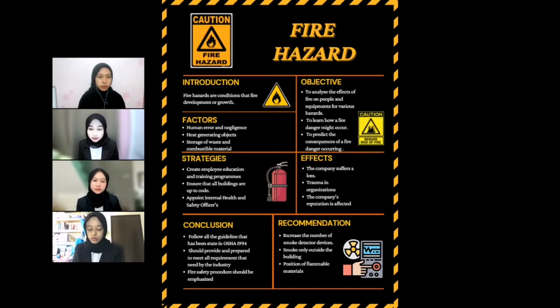Health and safety officers must also ensure that all employees receive adequate health and safety training for their job. These include distributing required training such as fire awareness and manual handling. All right. A recommendation on how to avoid fire is to increase the number of detection devices.